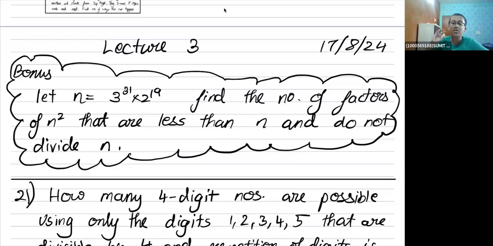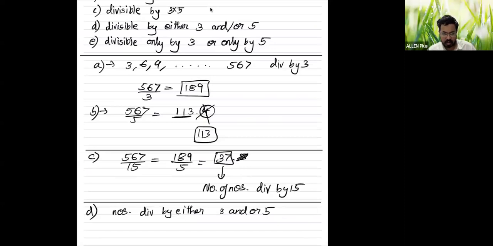So sorry, sir. So 9-digit is not correct. So 4-digit? No. So what is the bonus one, sir? That is what I'm talking about. I know. Yashraj, correct answer.